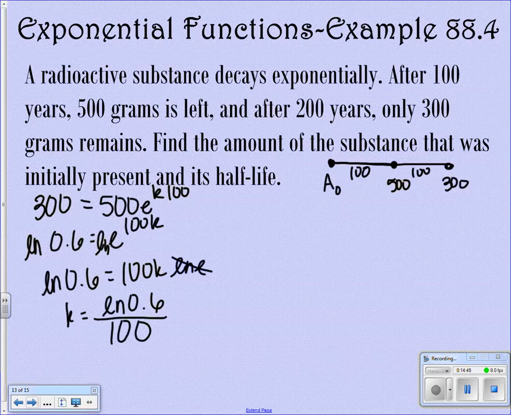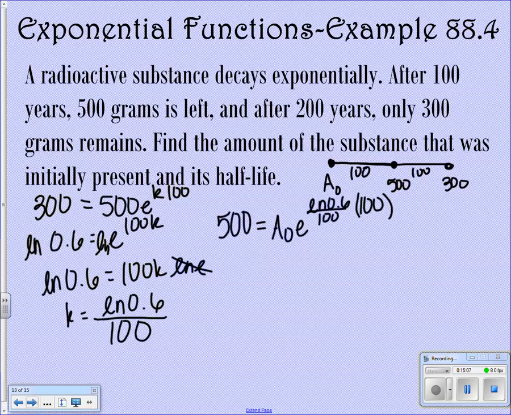So for the amount that was initially present, we know that our k is the ln of 0.6 over 100. After 100 years, we had 500 of the substance. And that will allow us to solve for our A sub 0. So the way that you're going to do that, you're going to plug this number into your calculator. Now the 100 and the 100 will actually cancel.